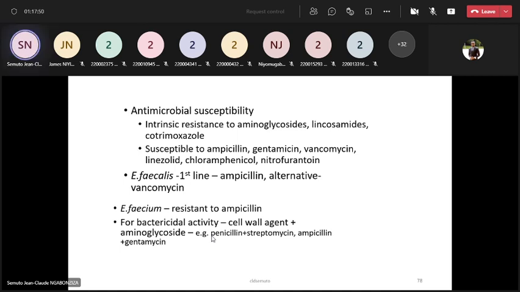By combining several agents like penicillin and the aminoglycoside streptomycin, you can treat some of these, but it is important to do the susceptibility testing to confirm your susceptibility pattern before treating the patient.